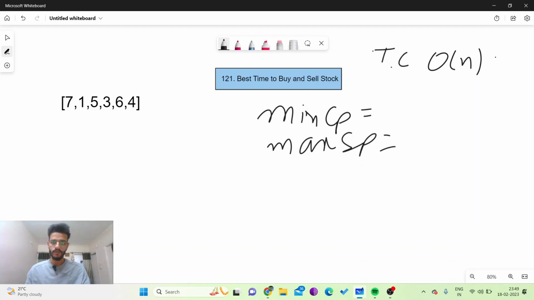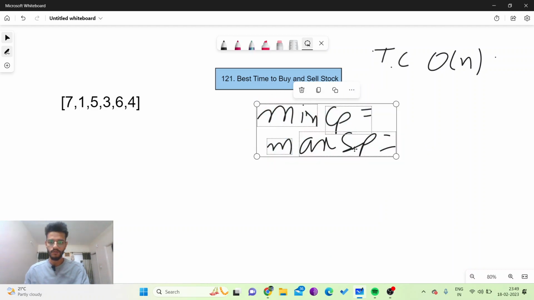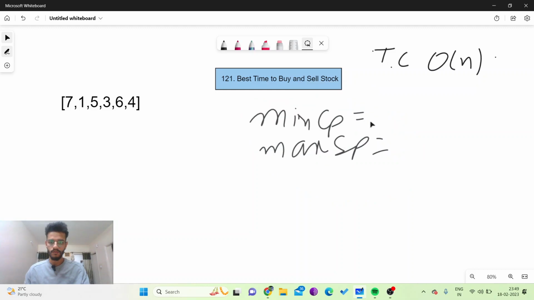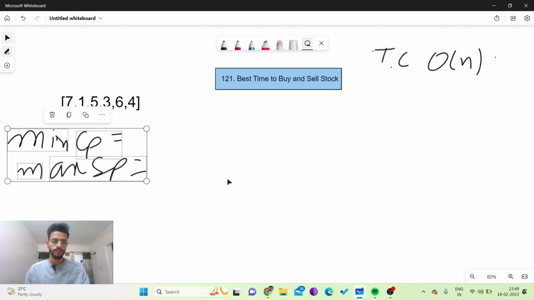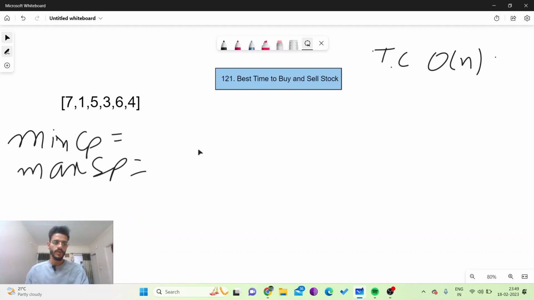For the minimum we will take the max integer value, and for the maximum we initially take 0.